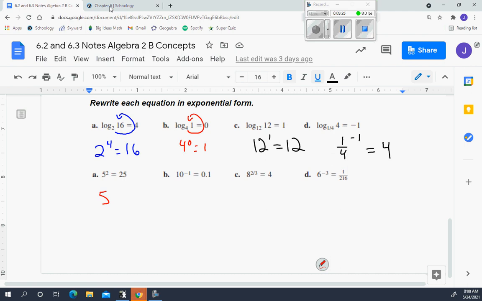Oh, I made a mistake here. Oh, is that 2.5? No, that wouldn't make sense either. Made a mistake on this one. I'll fix that. It's 10 to the 0.1 equals negative 1.